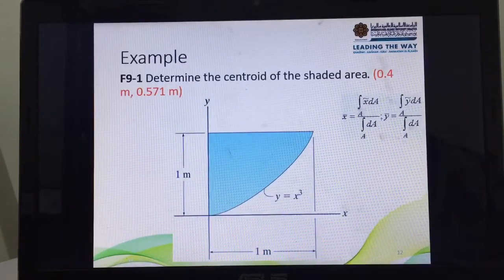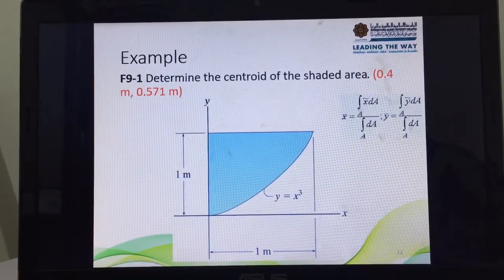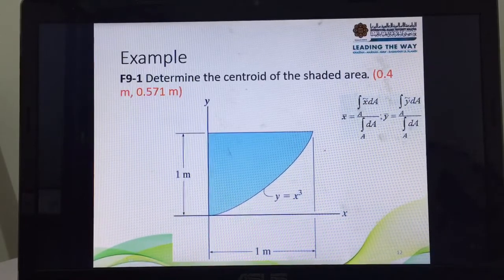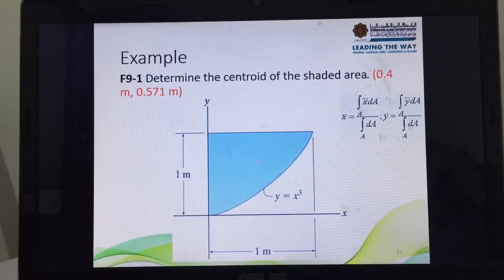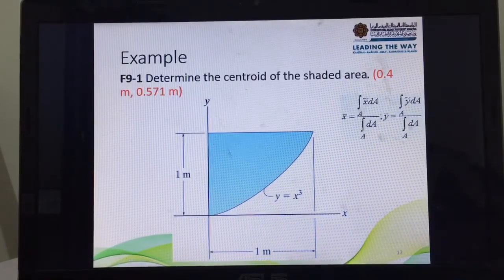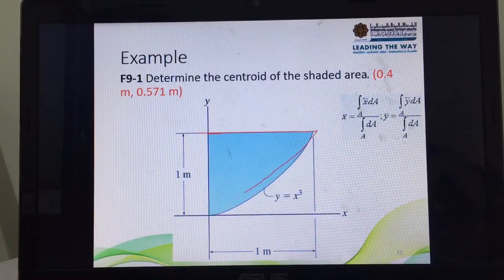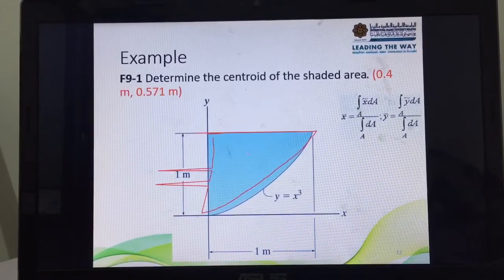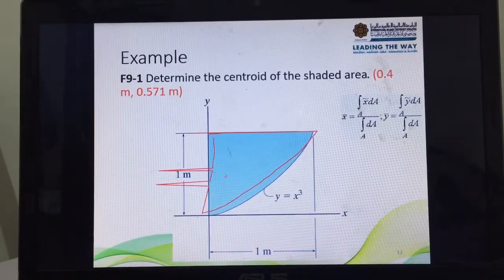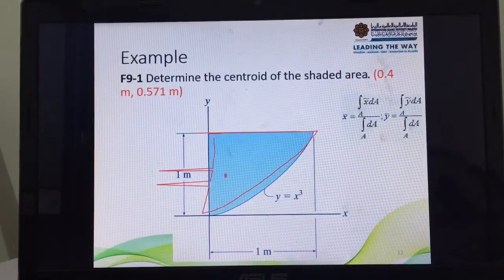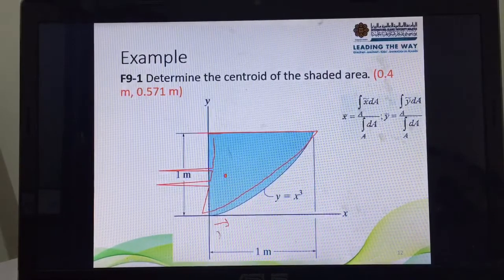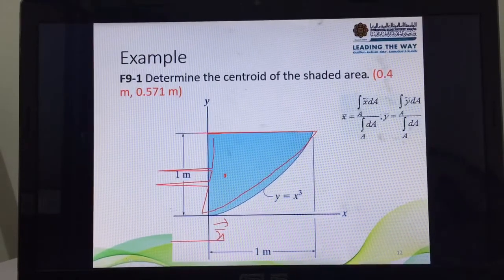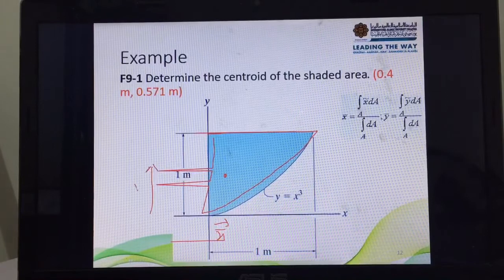Okay, example. I'll go through this example very briefly. All right, so you have this shaded area, and the question asks to find the centroid. So for instance, this is the centroid, this is the x bar, and this is the y bar.